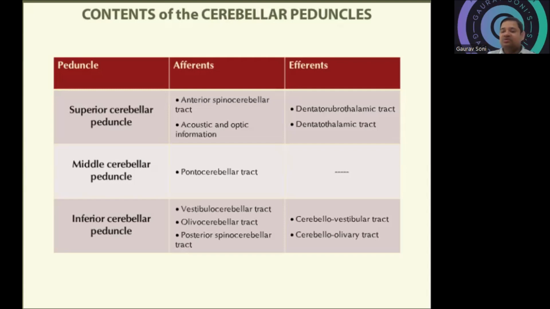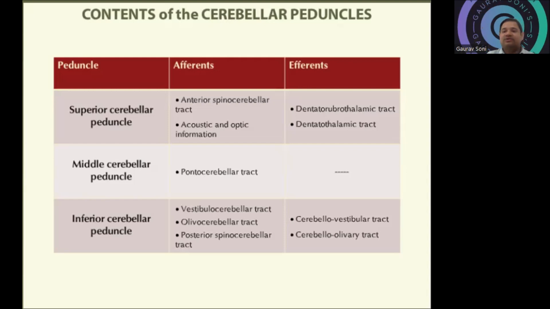In the middle part, there are only afferents, the pontocerebellar tract. In the inferior part, you can see the vestibulocerebellar tract, olivocerebellar tract, and posterior spinocerebellar tract as afferents. As efferents, you can see the cerebellovestibular tract and cerebelloolivary tract. These will be the contents of the cerebellar peduncles, meaning the information which is passing either upward or downward.